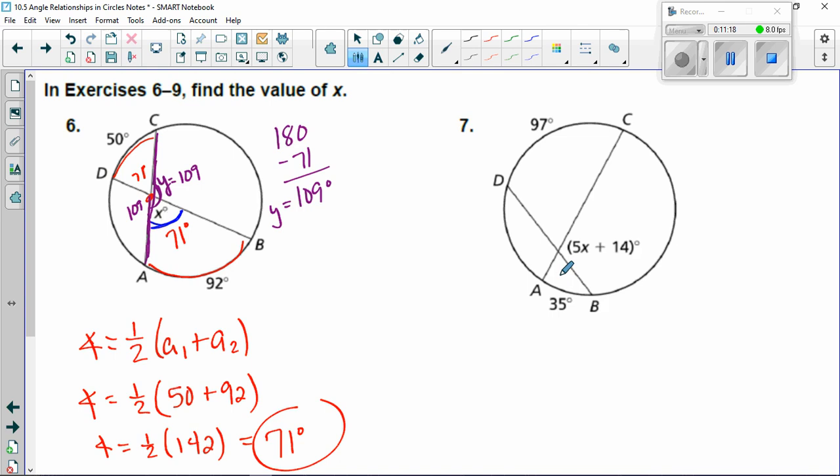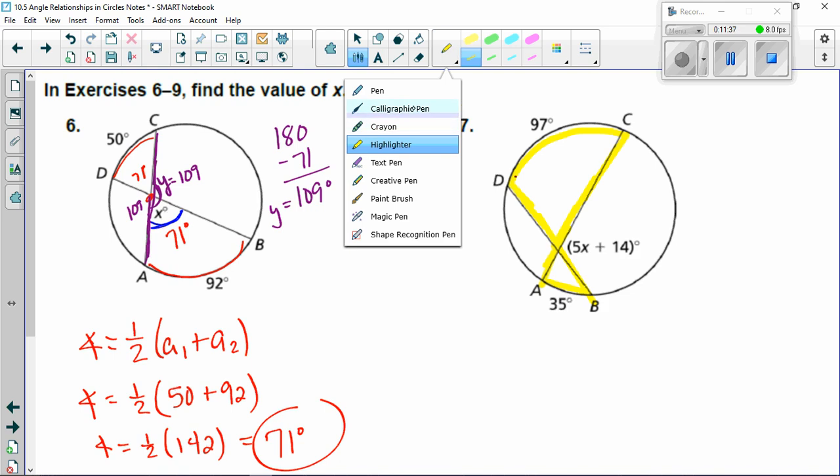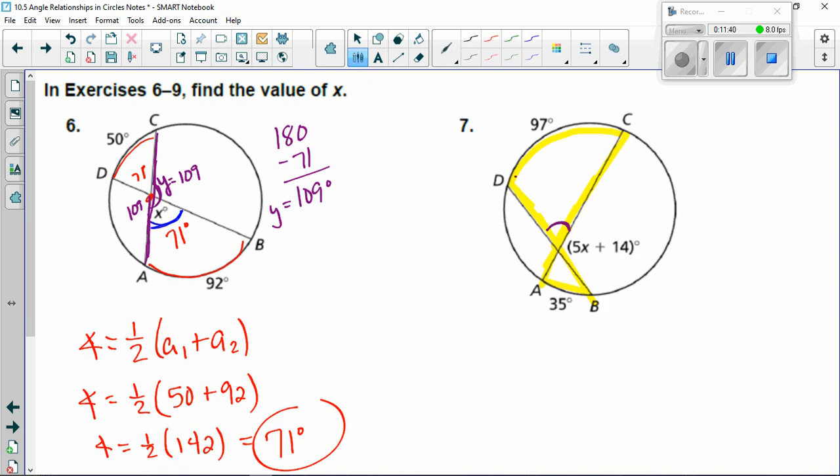All right. So I'm going to change this to the highlighter. We know that this arc and this arc, if you were to trace them edge to edge, we're looking at that part of the circle. So that means we're looking for this angle right here. Let's just call this B. We know that the angle is equal to half of the two arcs added together.